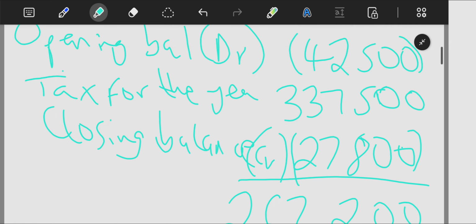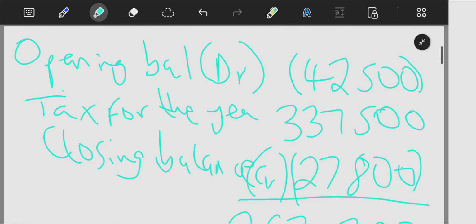So it means that if you want to memorize, if the opening balance is credit, you're not gonna have brackets here. If your closing balance is debit, you're not gonna have brackets here. That's if you want to memorize.